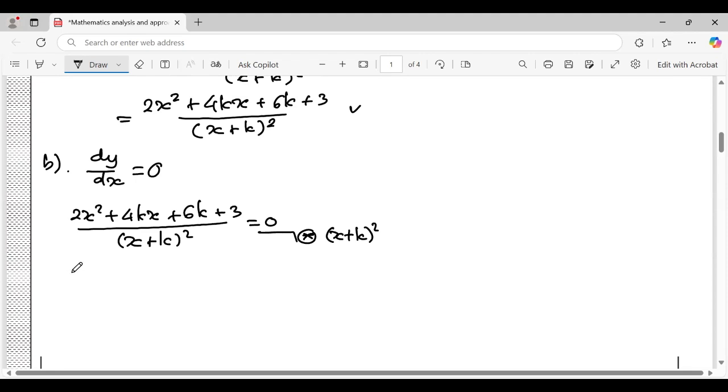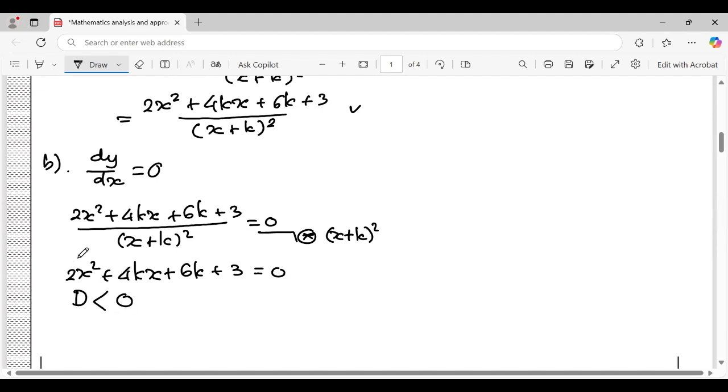And we get 2x squared plus 4kx plus 6k plus 3 equal 0. For the real solution, we have to determine that the discriminant should be greater than or equal to 0. That's for real solutions of x. We are going to find k.